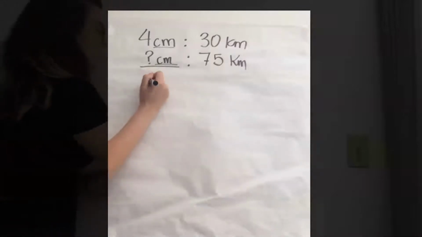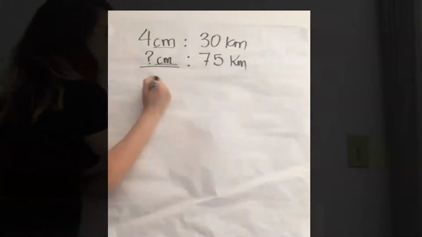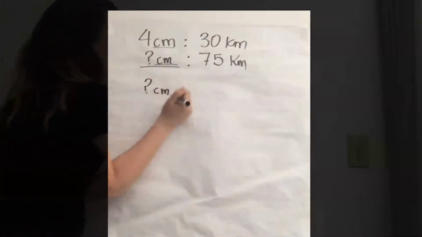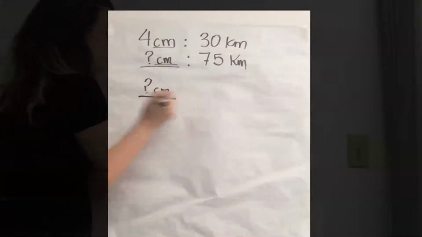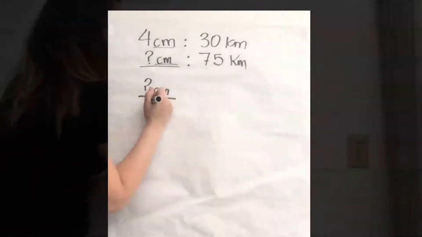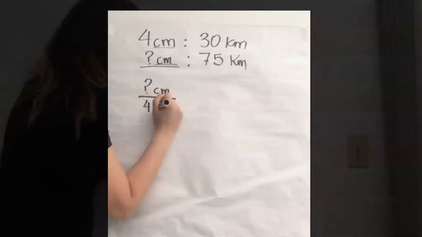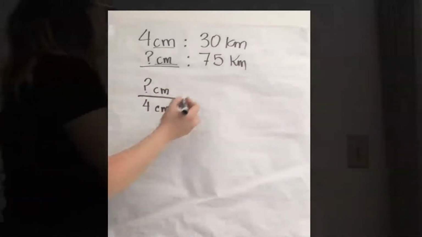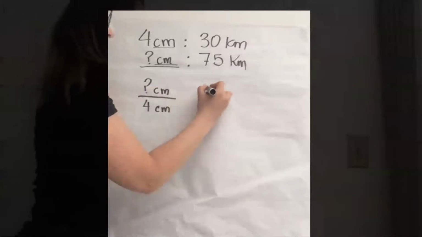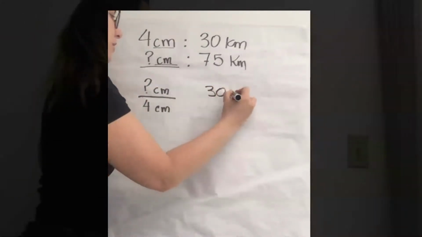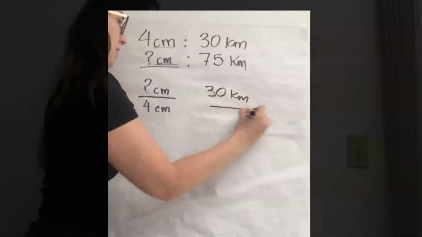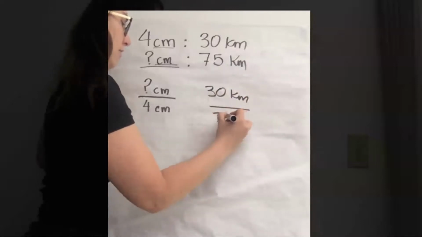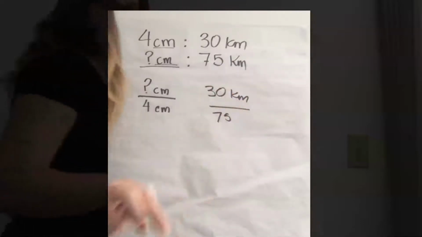So what I'm going to put is our missing variable on top. So how many centimeters? And then I'll put the centimeters on the same side. That's just how I like to do it. And then over here it's going to be 30 kilometers and 75. Oops, I actually got to switch those.